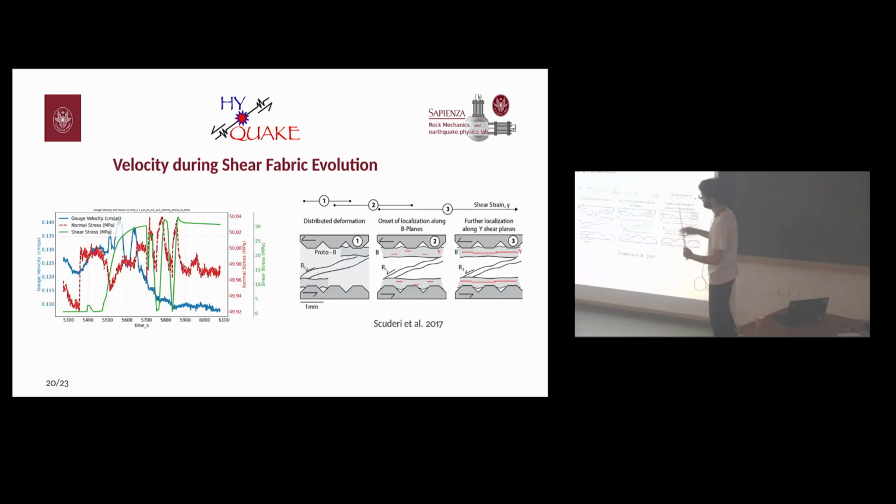I finish, okay. I can just show you that while you try to see this shear fault evolution, you can actually perceive that there are moments where the creation of the structures can be seen, imaged.